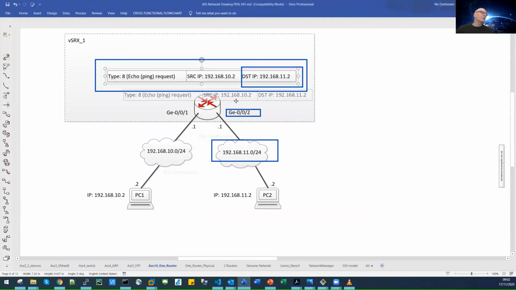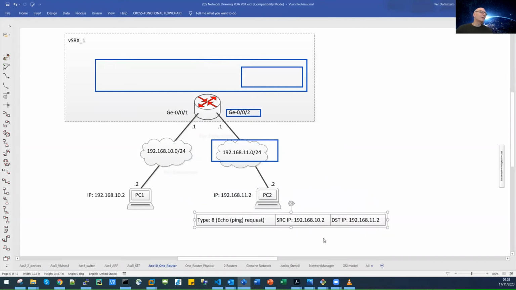So the router will route the packet out here, and there you have it. The router has routed from subnet 10 over to subnet 11 our IP packet here.